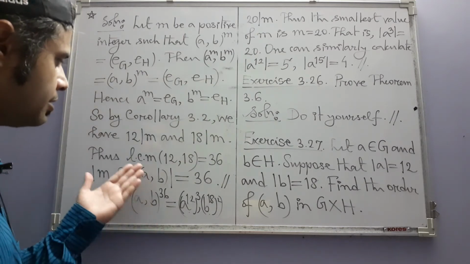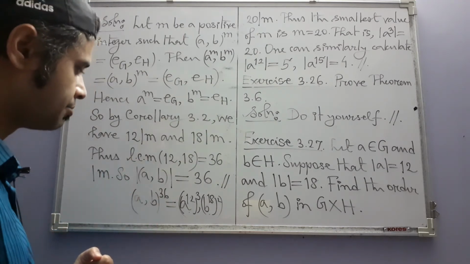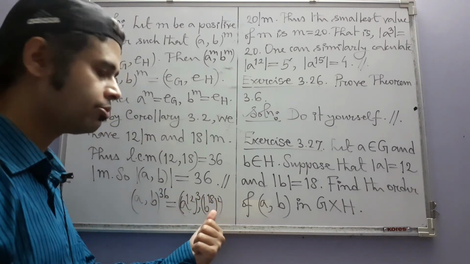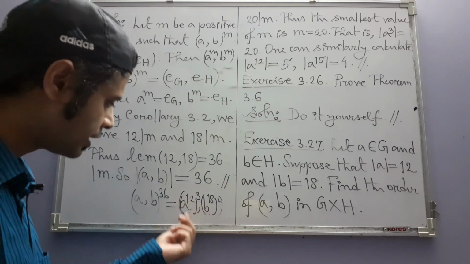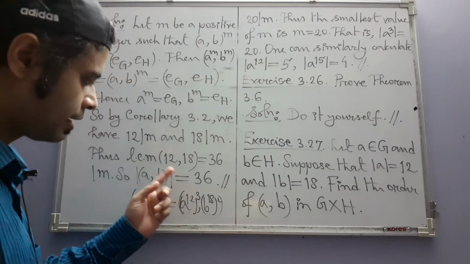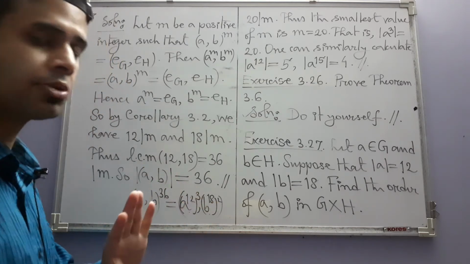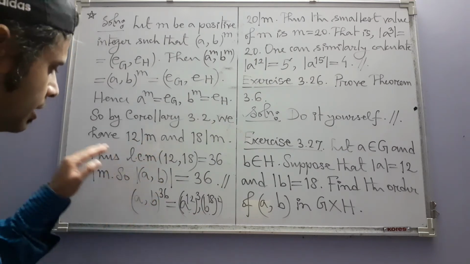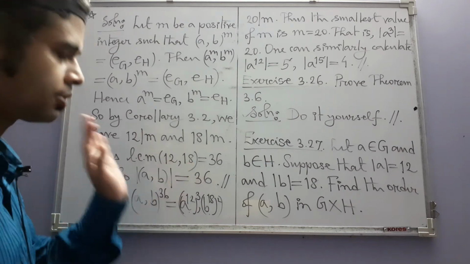However, why is it the least common multiple? Because it has to be a common multiple in order for this to happen, because that is the only way of getting EG and EH. At the same time, it has to be the least positive integer. That's why the least common multiple. Okay, that is why the LCM turns out to be the order.